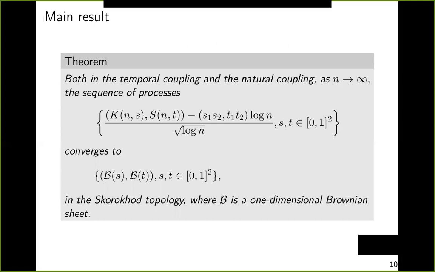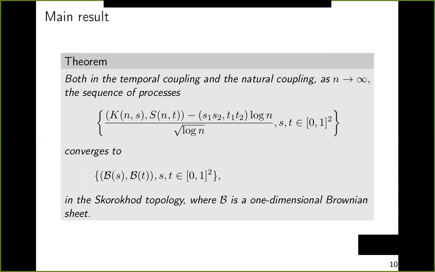So now for our main result, we have now coupled the K's and the S's. If we look at the joint vector of K and S, and we subtract the vector s1, s2, t1, t2, the whole thing times log n, and we divide by the square root of log n. Then as s and t range over the unit square, this is going to be a random process.